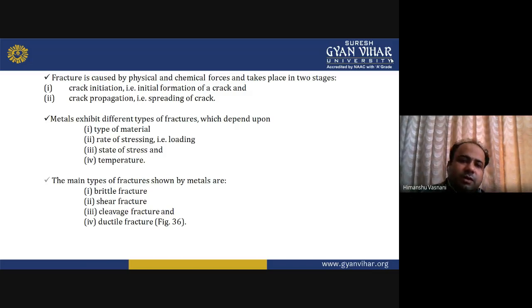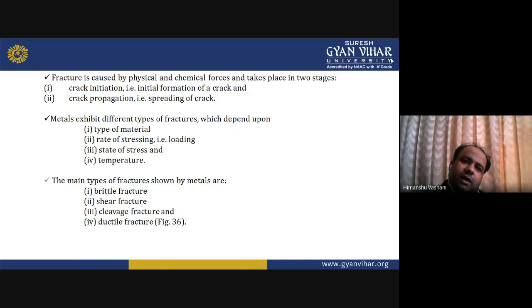Okay, so in this way the fracture takes place. Firstly, a small crack is initiated, and after that the spreading of the crack, which is called crack propagation, happens. If these two stages happen, it will lead to fracture.